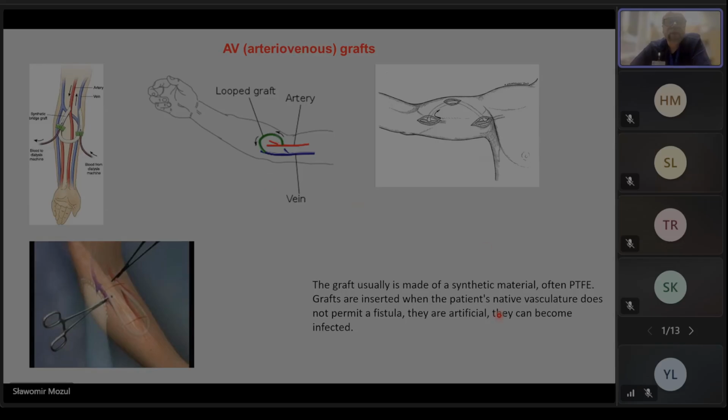They are usually made of synthetic material, often PTFE, inserted when the patient's native vasculature does not permit a fistula. They are artificial, so they can be infected.